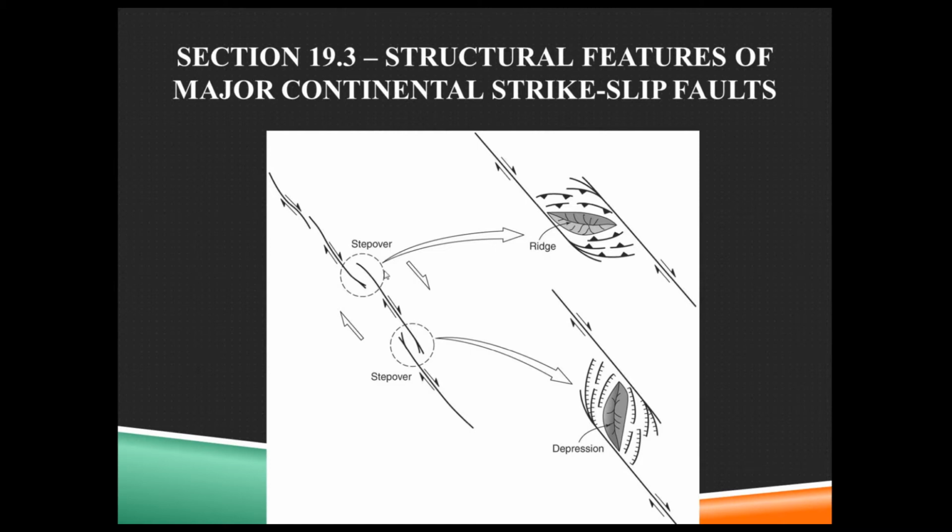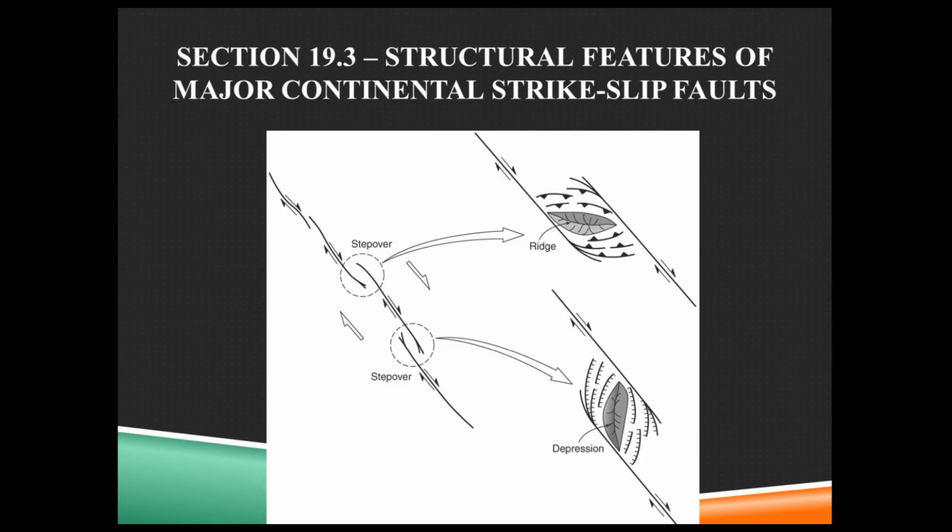The classic accommodation zone is a little step-over area that needs to be connected between extension or compression areas. So either the accommodation zone between the ocean ridge rifting areas, or the accommodation zone between compression, uplift, and or subduction zones. And in those accommodation zones, you get transform faults.